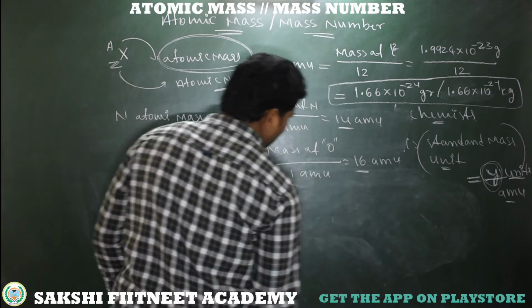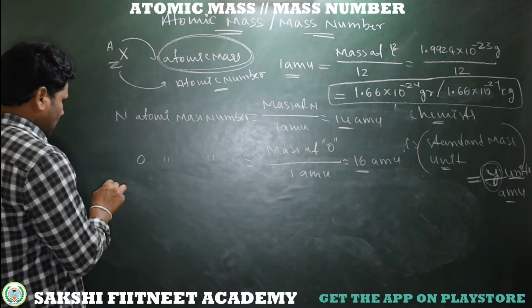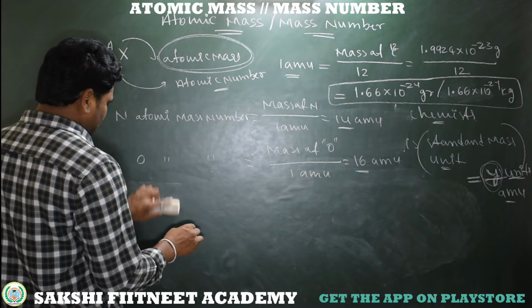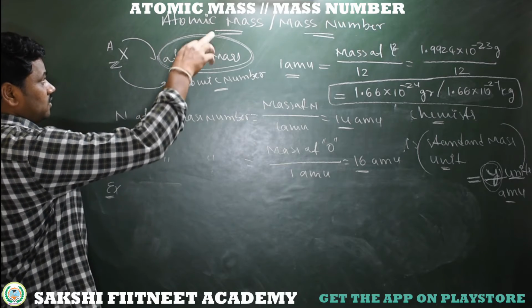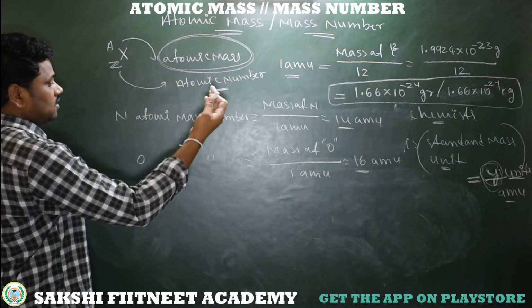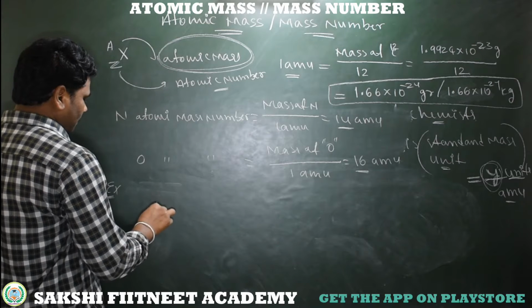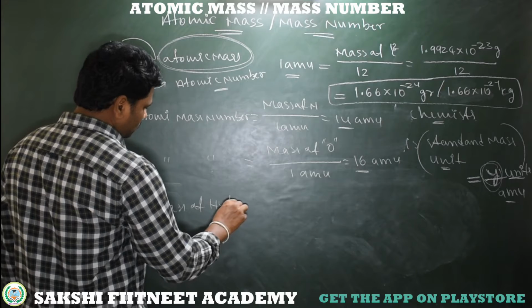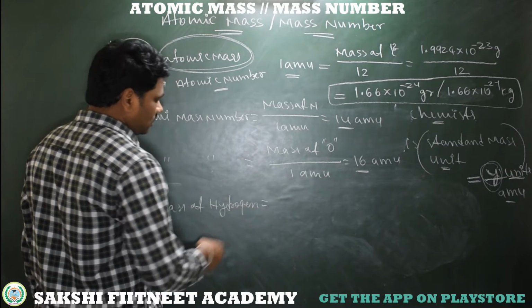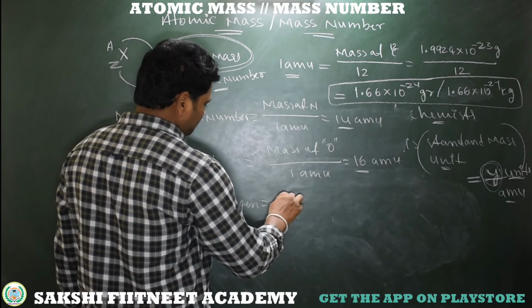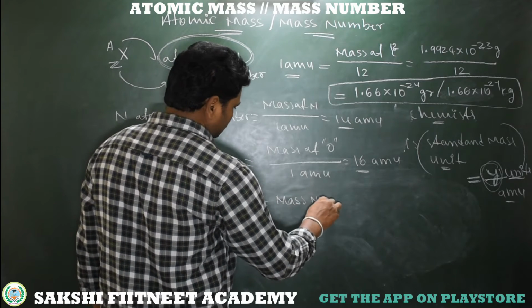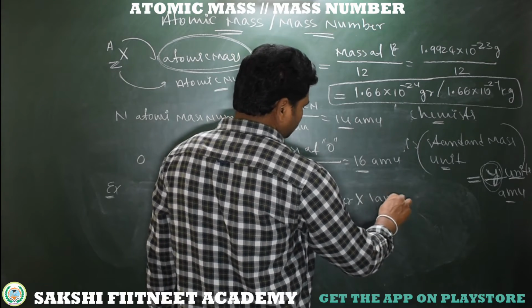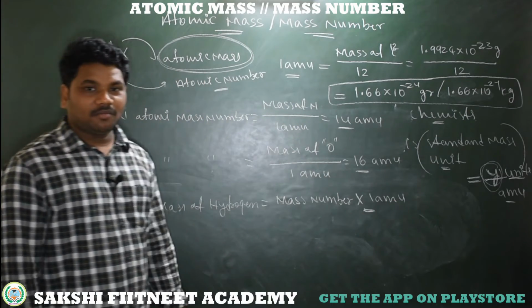So what is mass, what is weight? Simply, as an example, I am taking the mass of hydrogen. How can we define the actual mass in grams and kgs? The mass of hydrogen is equal to the mass number multiplied by AMU, the atomic mass unit.